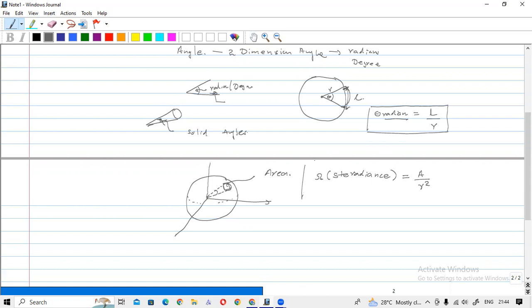This is how we define the solid angle, or steradians.